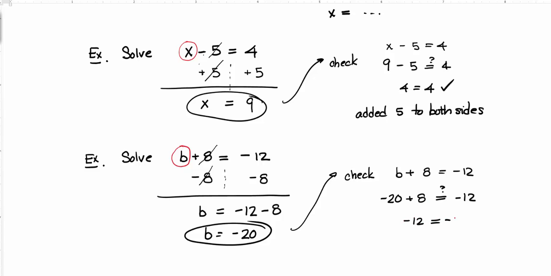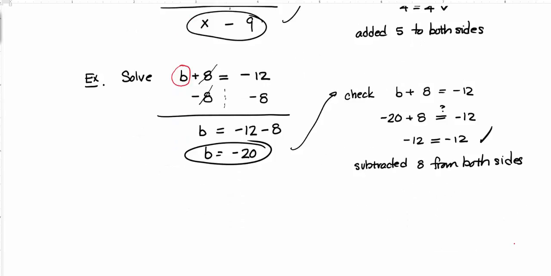It's negative 12 equals negative 12, and I got the right answer. So in this case, I subtracted 8 from both sides, so I used the subtraction property of equality.